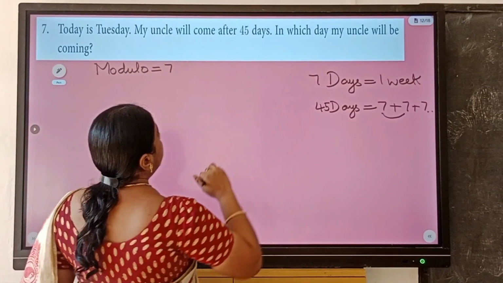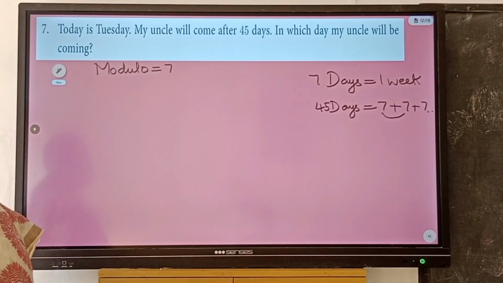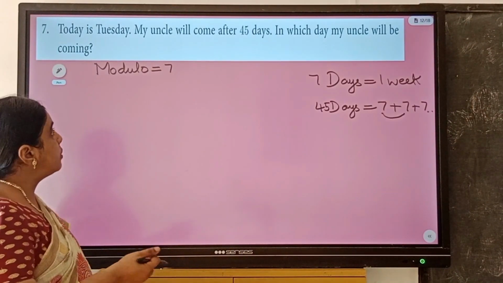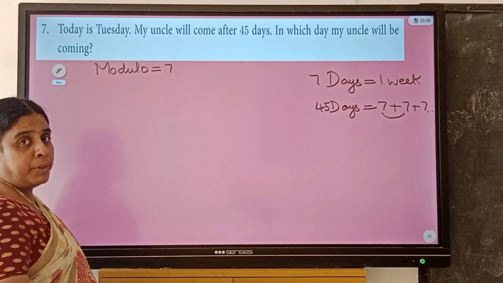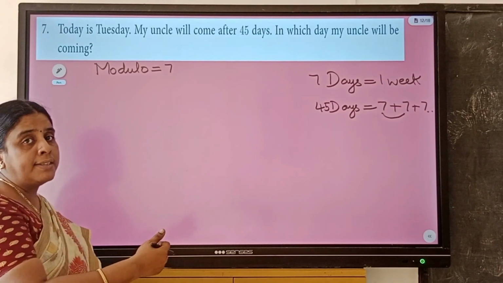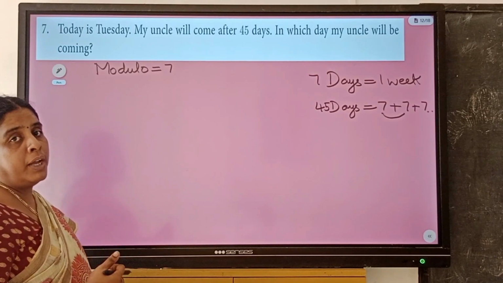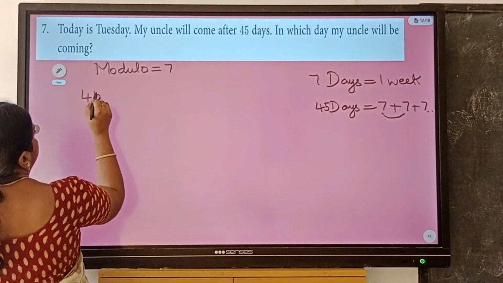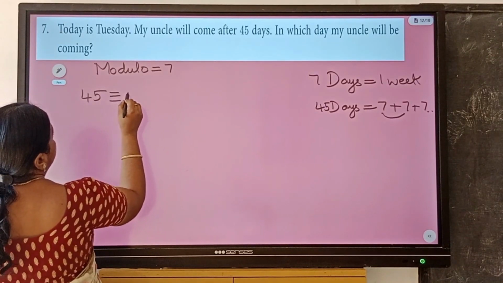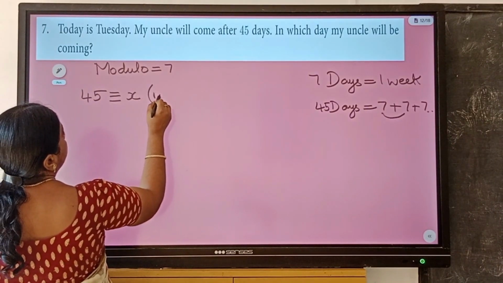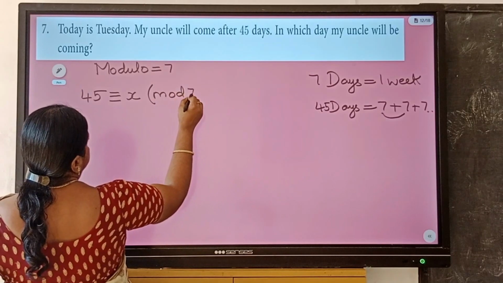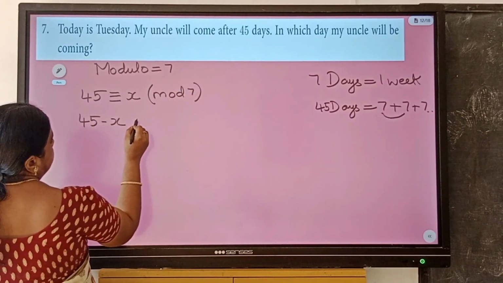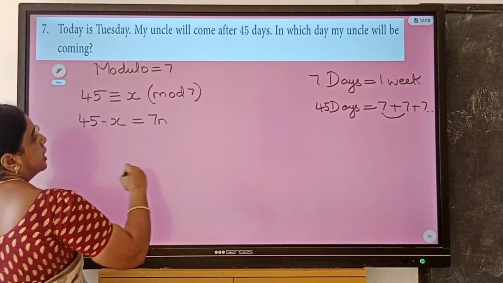On which day will my uncle be coming? So if I calculate from now, after 45 days, today is Tuesday. On which day will my uncle come? So here 45 is my value, that is going to be congruent to some value x modulo 7, which means 45 minus x is some multiple of 7.